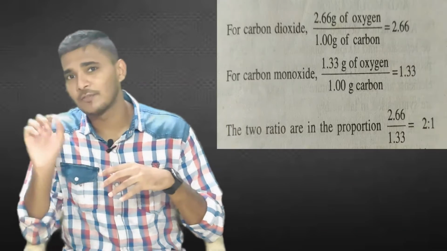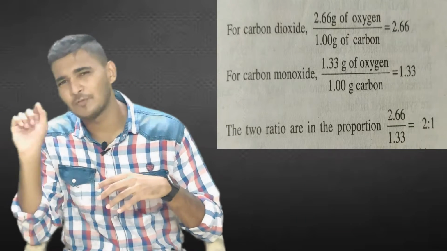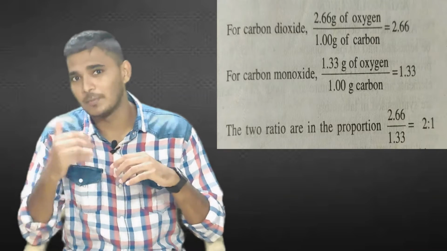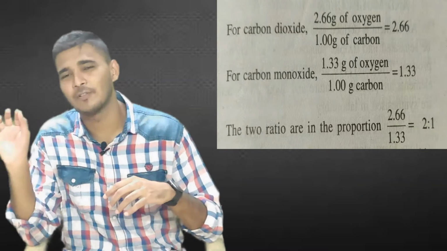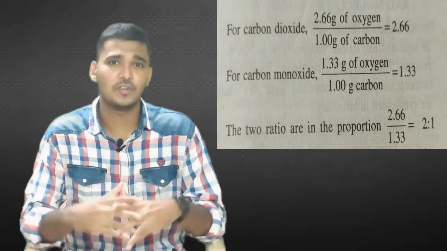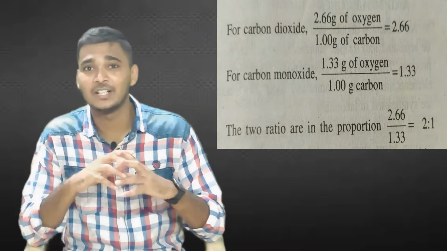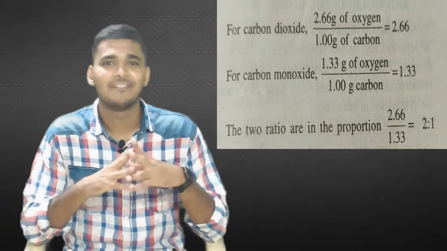In carbon dioxide, per gram of carbon there is 2.66 gram of oxygen, and in carbon monoxide, per gram of carbon there is 1.33 gram of oxygen. The ratio of 2.66 and 1.33 comes out to be 2:1, which is a whole number and which certainly obeys the law of multiple proportion.